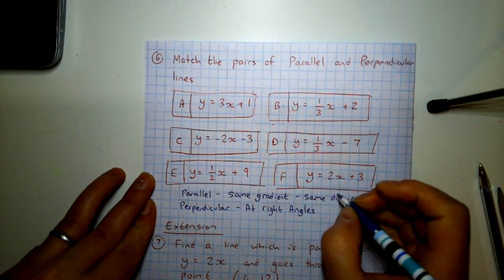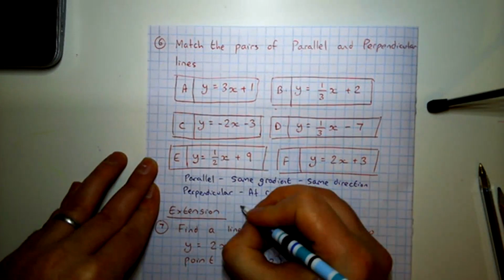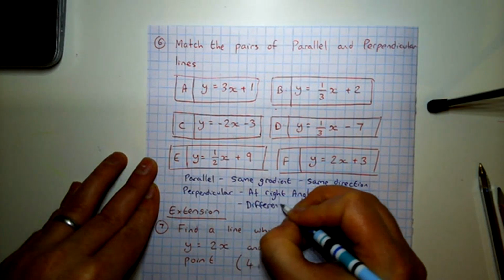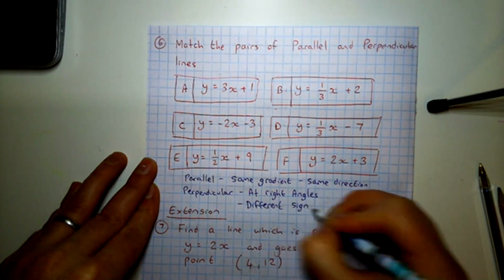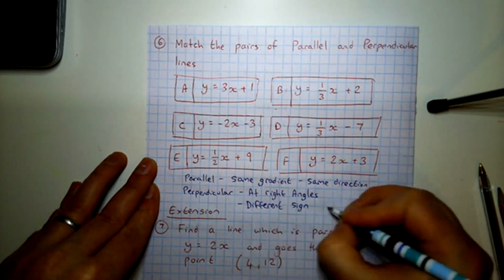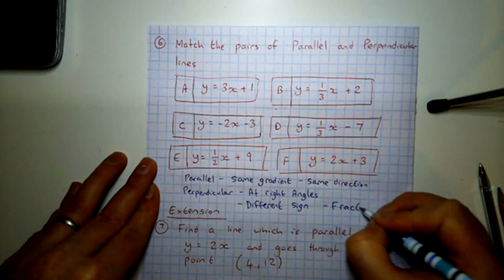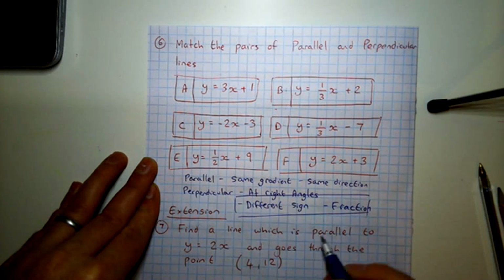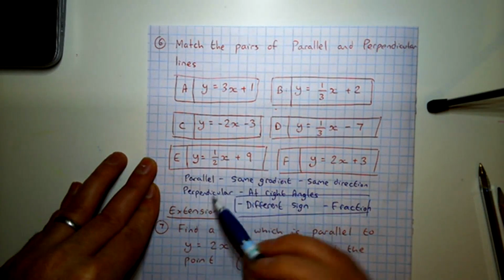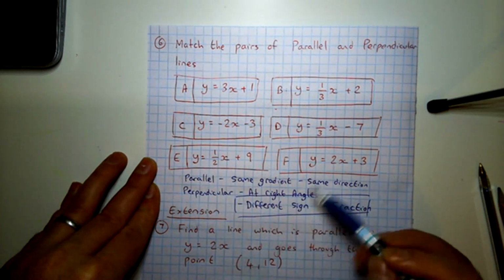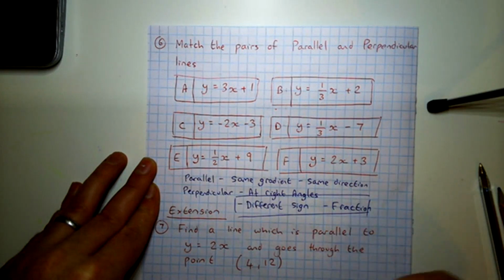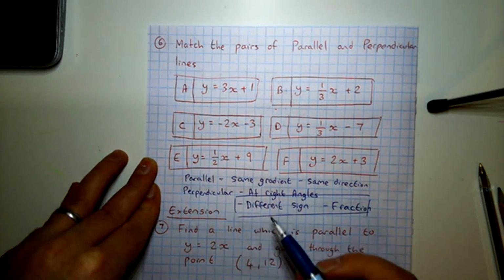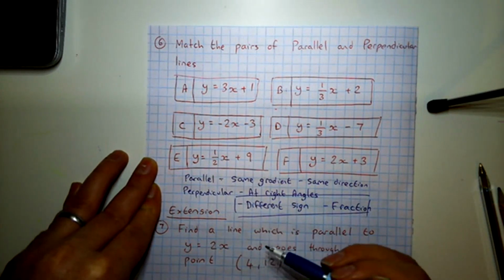And as far as the gradient goes, it's going to be different sign, and one's going to be a fraction. So for a perpendicular line, you're going to get one positive, one negative in the pair, and one of them is going to be a fraction and the other one's just going to be the number. And for parallel, it's the same gradient. And remember, the gradient is the number in front of the x.